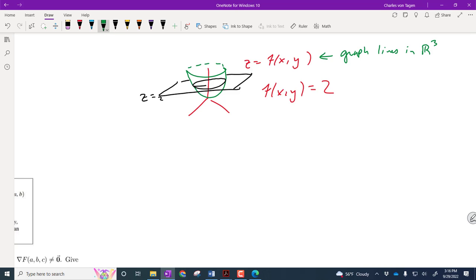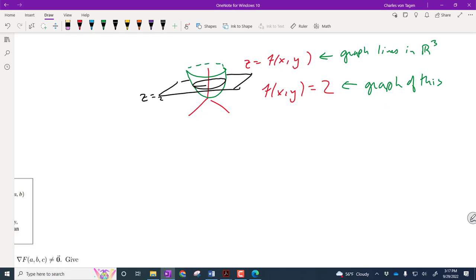So where does this guy live? The graph of that lives in R4, but we could project it down into the xy plane. So we say it like this.